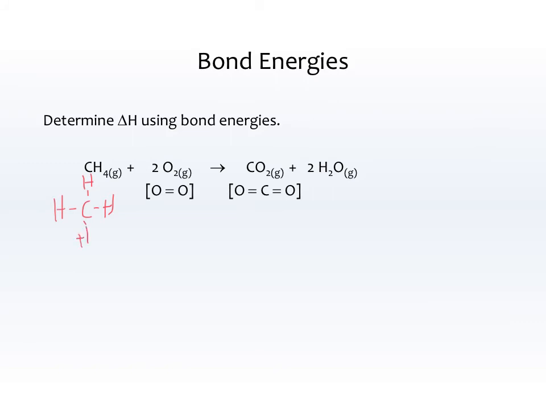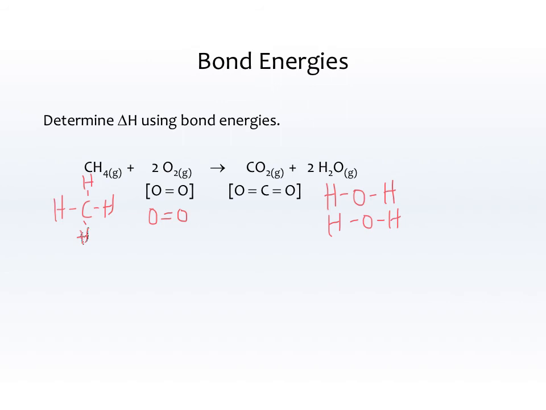O2 is O double bond O, but there's 2 of those, so we're going to draw that twice so we don't forget. CO2 is O double bond C double bond O. We've just done this, but I'm just trying to remind you. And then water should be H, O, H, twice because there's 2 of them.